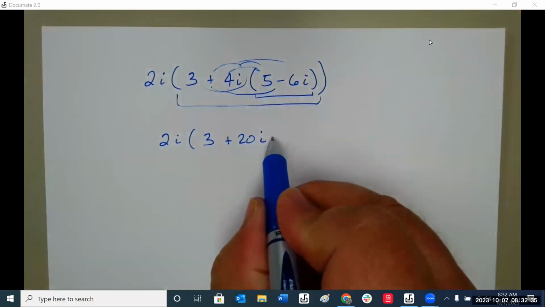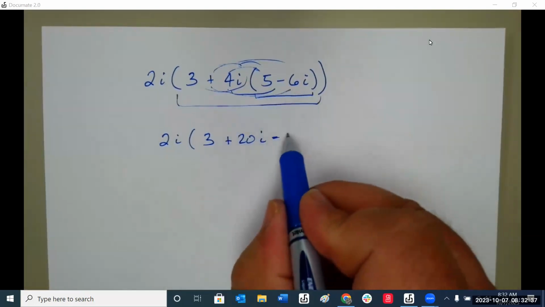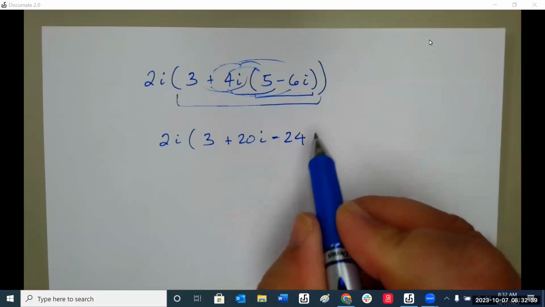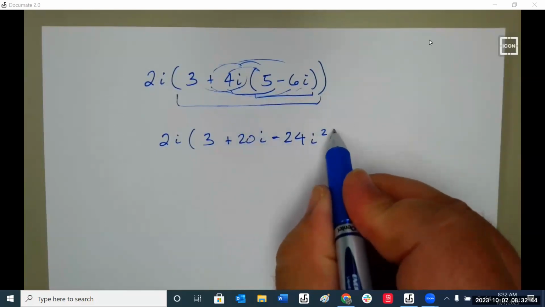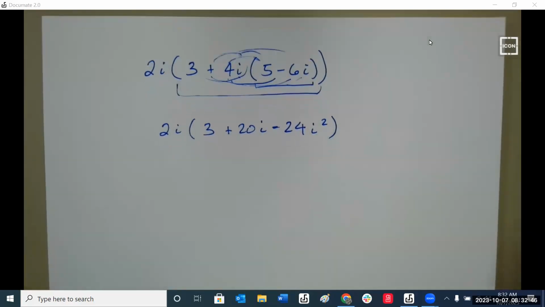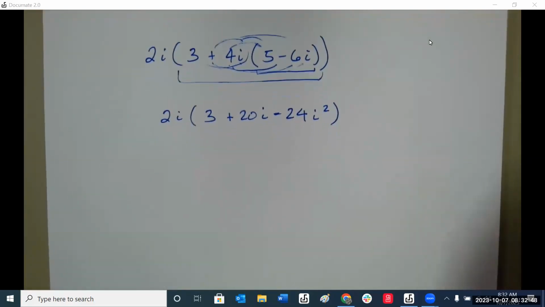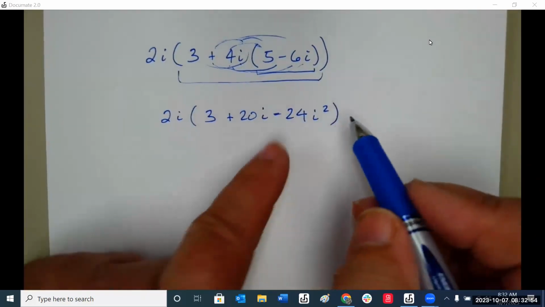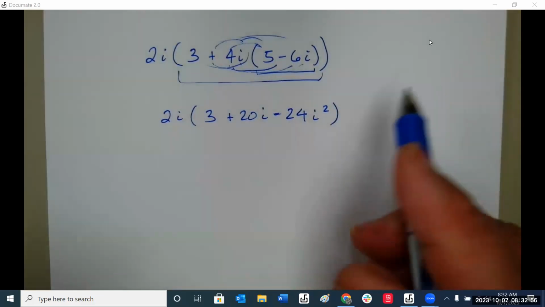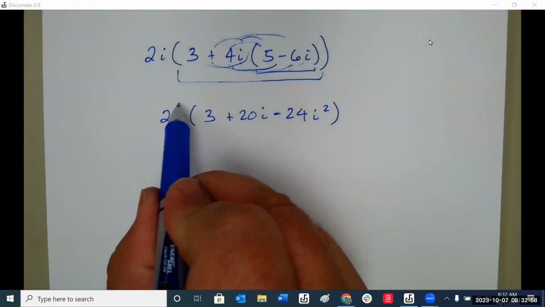Positive times negative is negative. 4 times 6 is 24. i times i is i squared. We can't combine any like terms, so ideally right now we change this to -1 and go further, but I was going to show you this. So let's just get rid of this one.